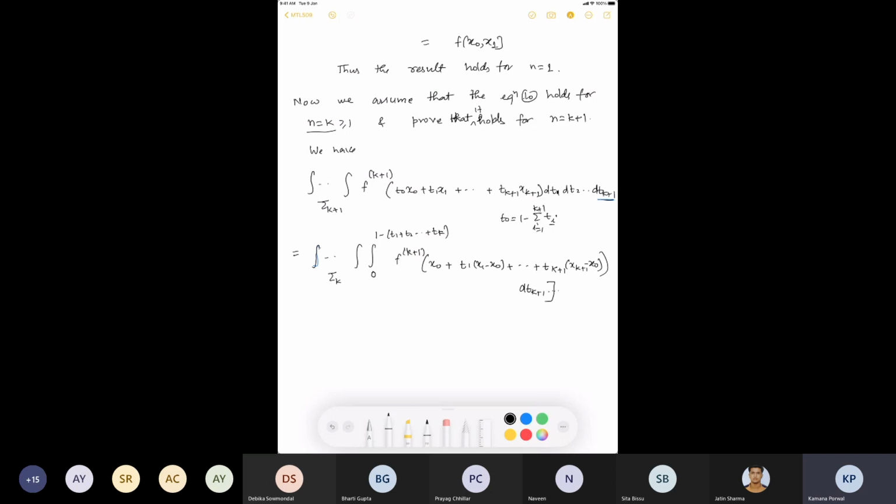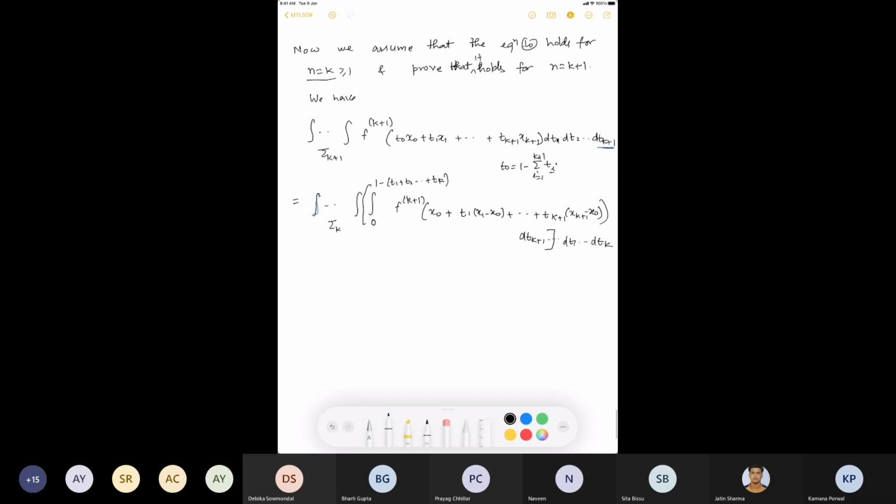So this I'm integrating, and then I'm having the integration over the variables on top. Okay. So now I'm going to integrate this with respect to tk plus 1.